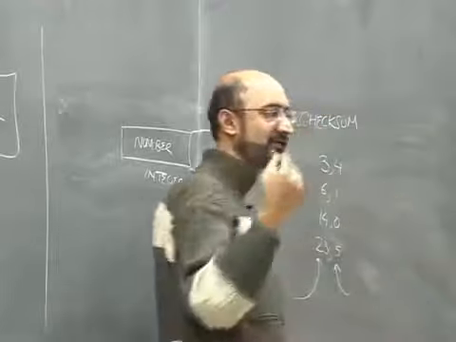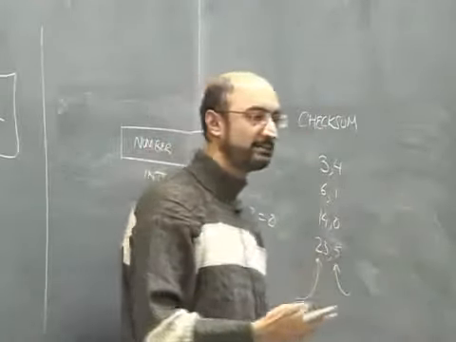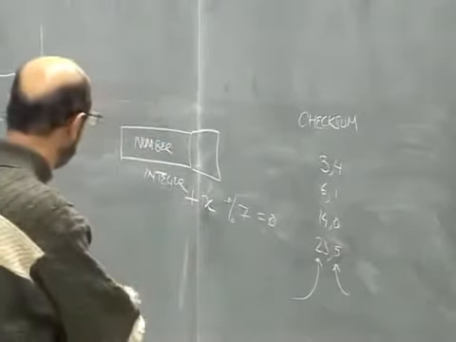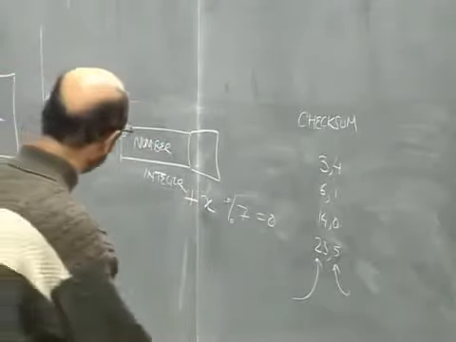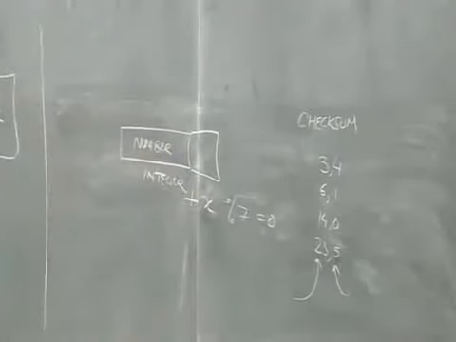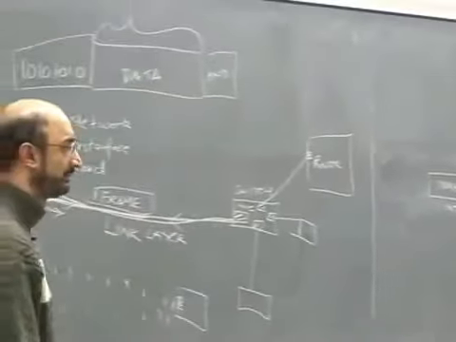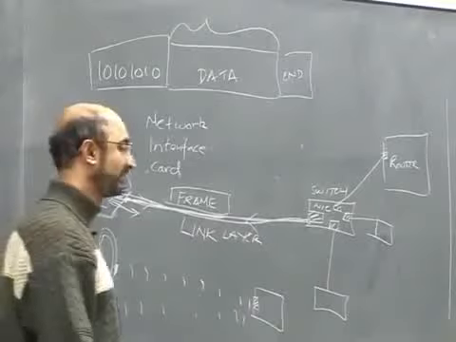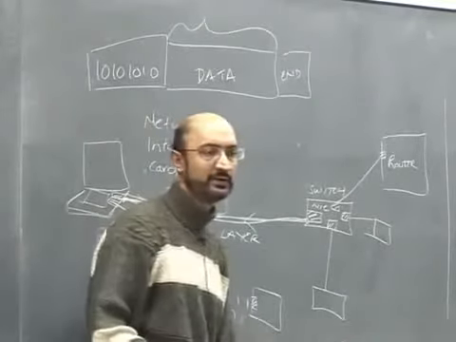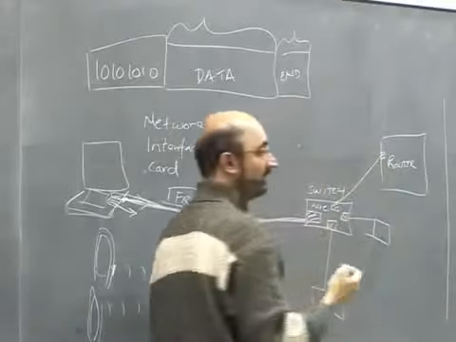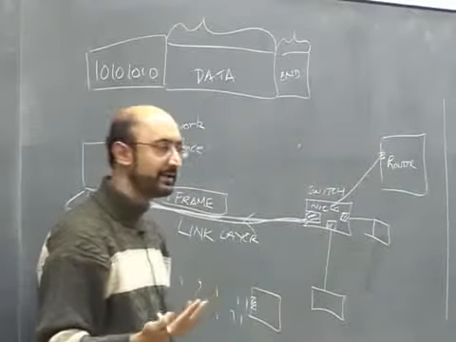In parity, we add just one bit. Here, we're adding a number. In parity, we count the number of ones. Here, we check that the entire number is divisible by something. The way it actually works is that we take all the bits in the frame, all this data, and interpret it as a large binary number. If it's 1,000 bits, it's a 1,000-bit binary number. To the end of it, we add a certain number of bits, typically 32 bits.